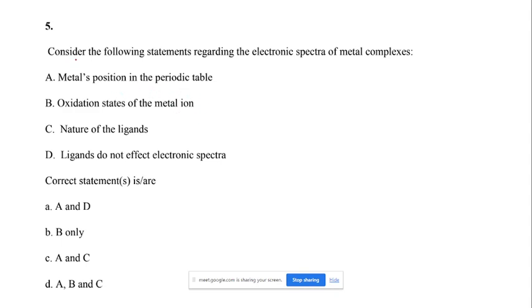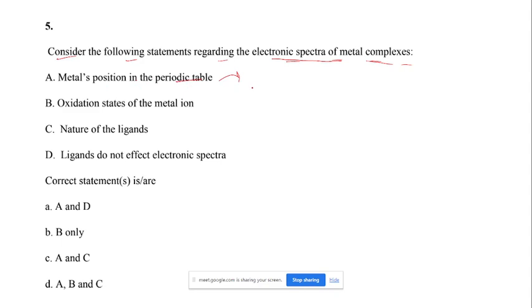Then question number 5. Consider the following statements regarding the electronic spectra of metal complexes. The metal's position in the periodic table, obviously. Why is it so?